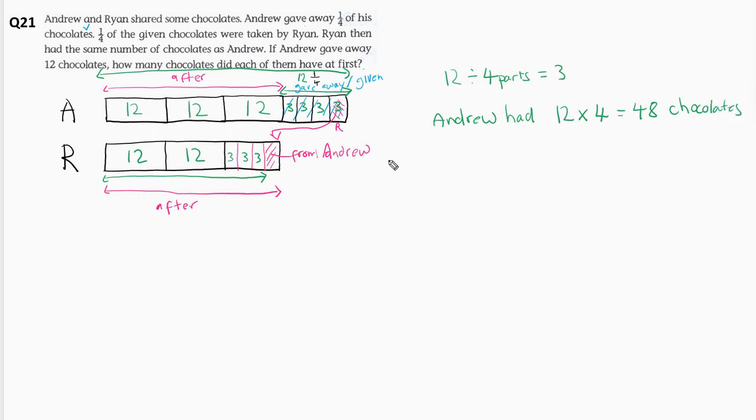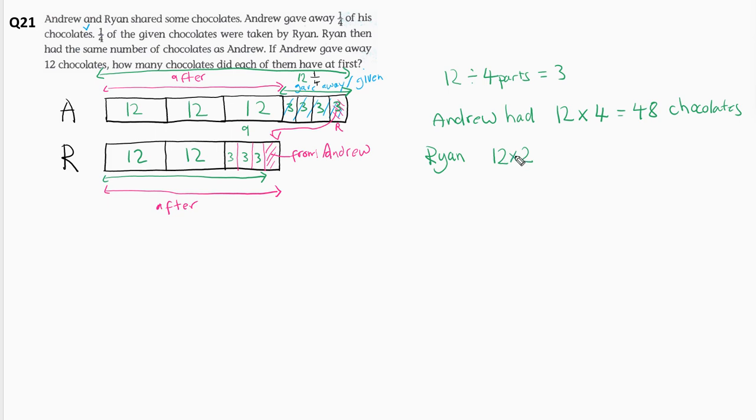That's Andrew. And what did Ryan have? Well, Ryan had 2 12s, so 12 times 2, plus he had this 3 times 3, so that's 9. 3 threes is 9.